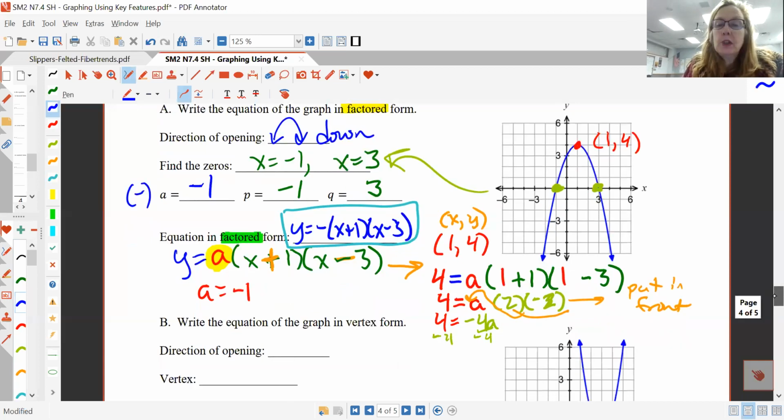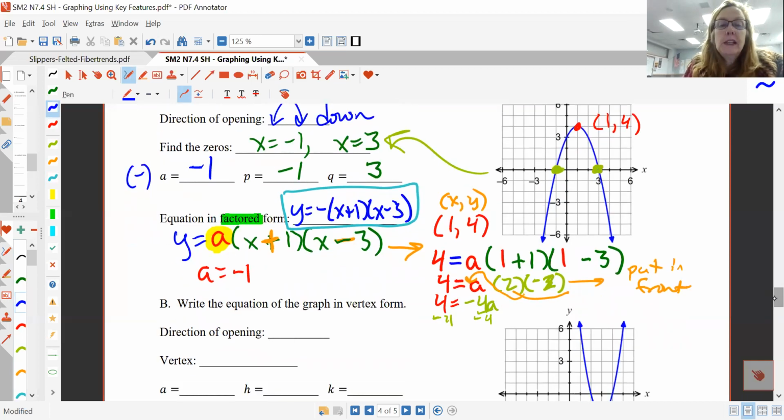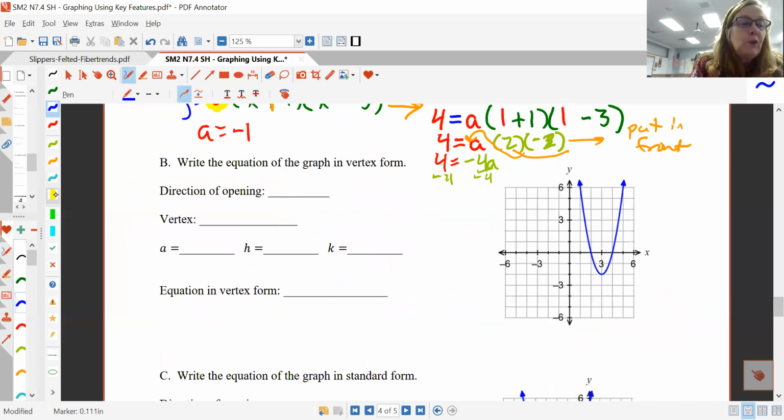All right, so let's look at another one. This one's asking me specifically for vertex form. Vertex form is of the form y equals a times x minus h squared plus k, where hk is my vertex. I can erase that right there, I need a little more room.